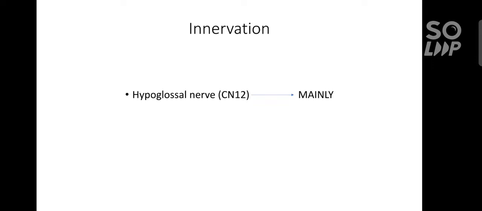We have only one exception: just one muscle is innervated by the vagus nerve, which is cranial nerve number 10. We will talk about this later on, but you should know that the innervation is mainly by the hypoglossal nerve, and one exception is the vagus nerve.